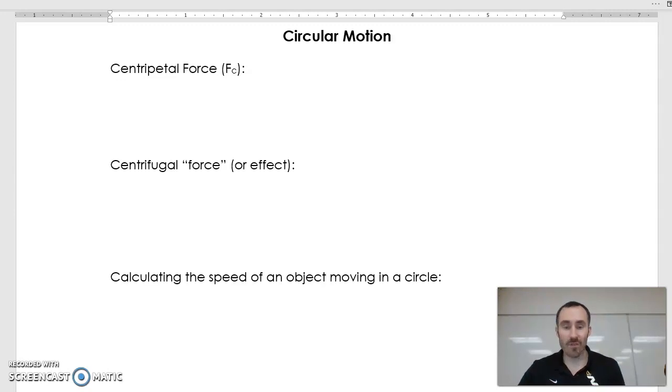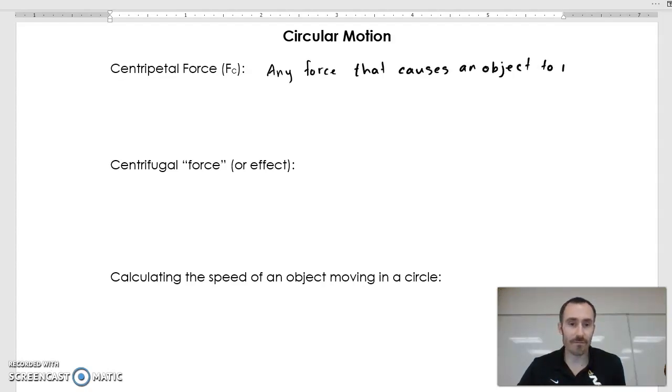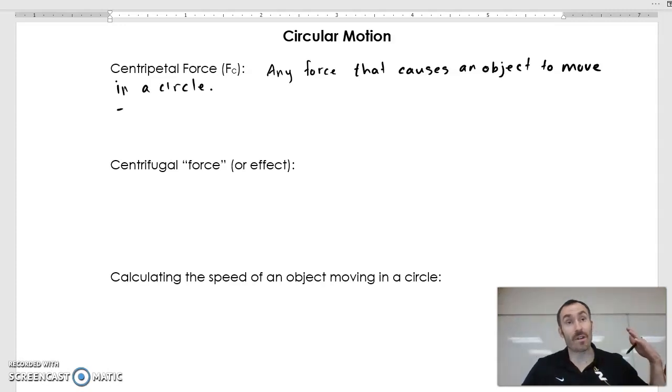So centripetal force, first of all, is any force that causes an object to move in a circle. So you can think of that as, what if you're going around a curve in your car? The reason that you can actually turn in a circle, or the reason you can go around a curve, is because friction between your tires and the road allows you to continue turning, right?